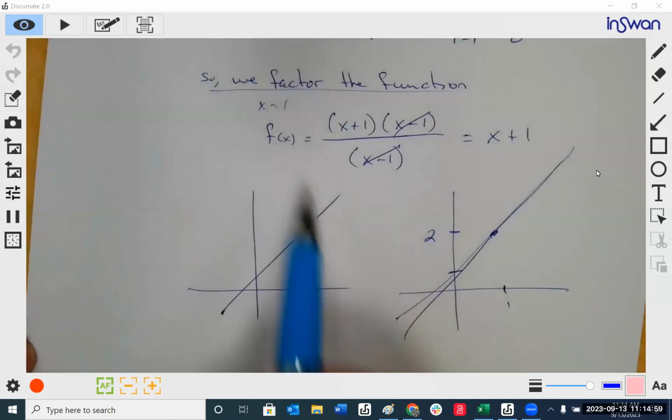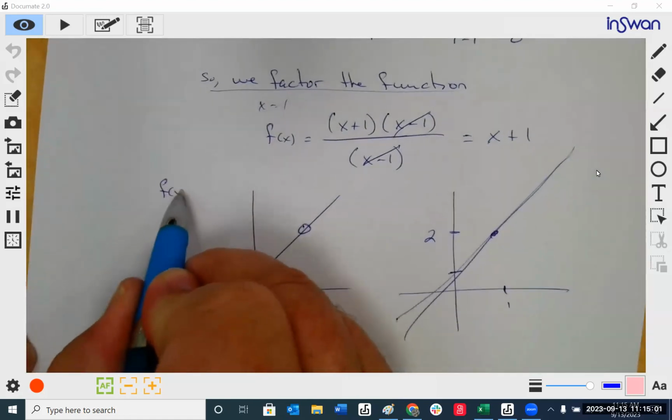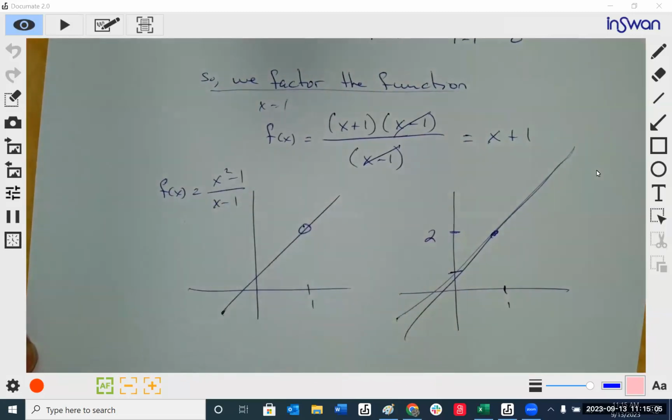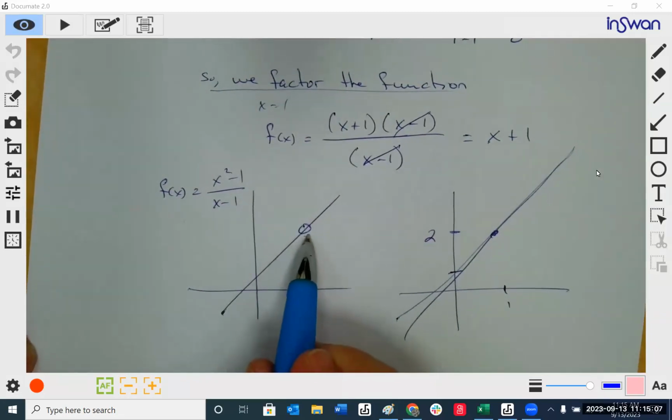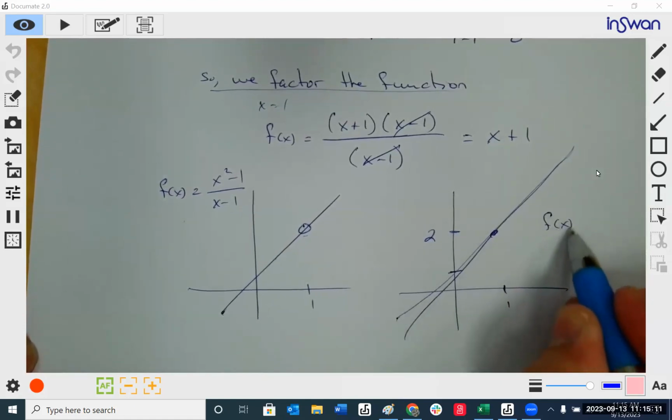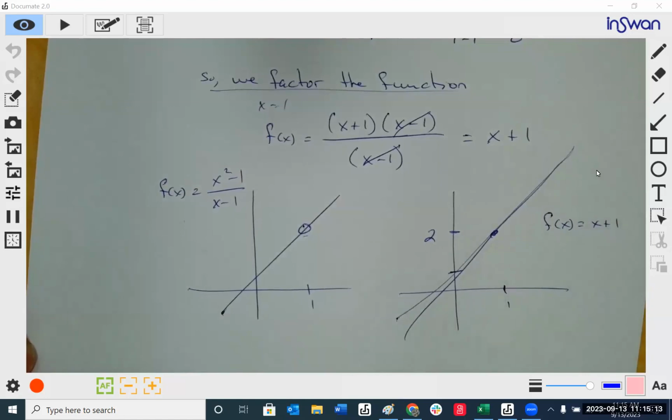So our original function, x squared minus 1 over x minus 1, has a hole in it. But our updated, fixed function has everything defined. It's a continuous function now.